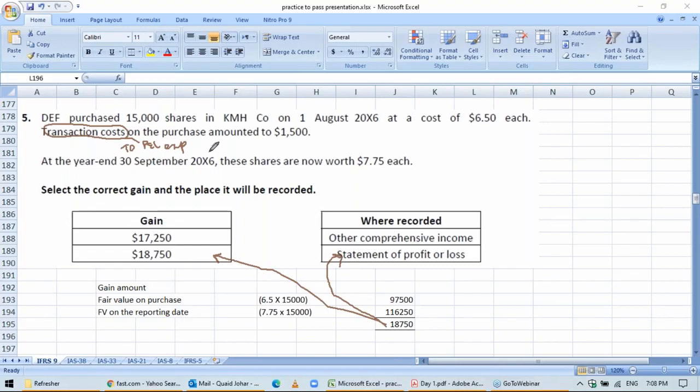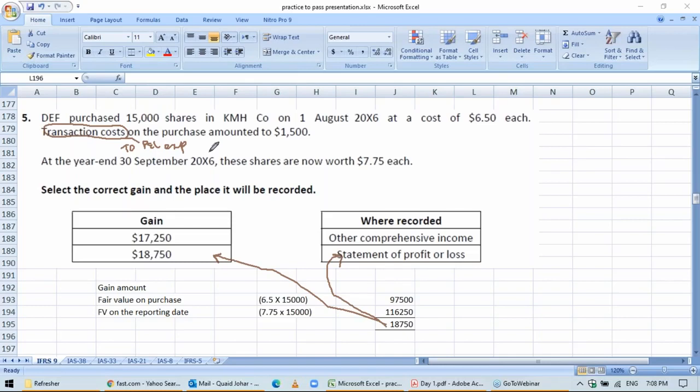But if the investment is in a financial asset at fair value through OCI or a financial asset at amortized cost, in that case you will add transaction cost to the investment amount. You can capitalize the transaction cost in the other two investment cases, but you cannot capitalize in case of financial asset at fair value through profit and loss account.